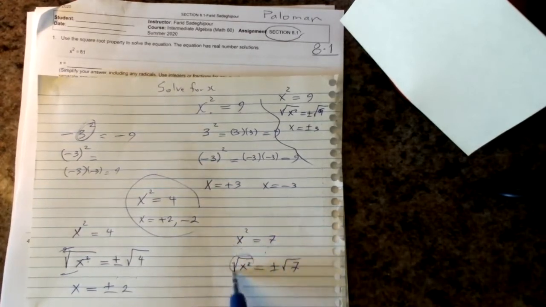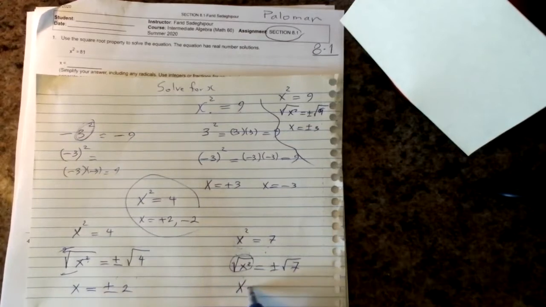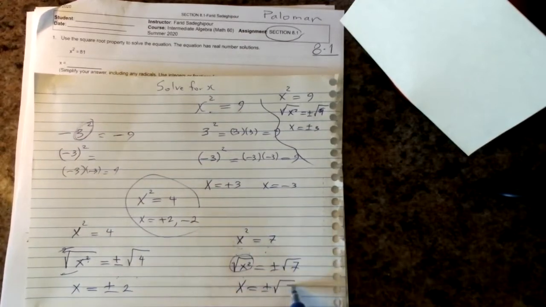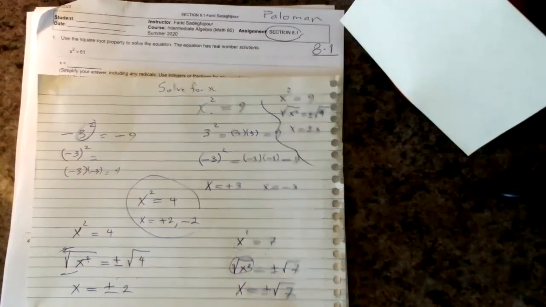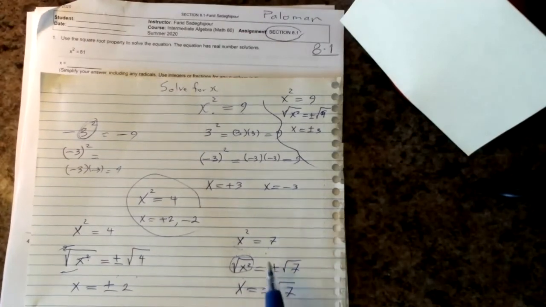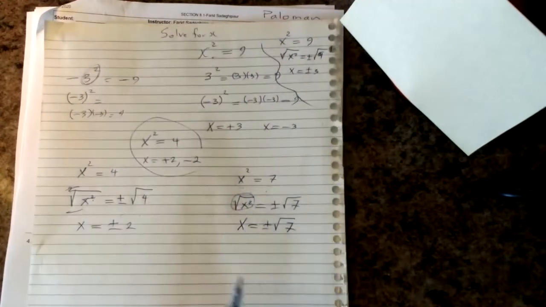So you could skip this part and just say x is plus or minus radical 7. So anytime you want to take a square root of what you have on either side, you have to put a plus or minus.